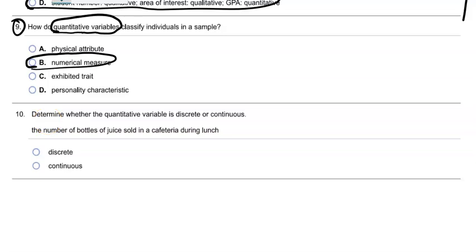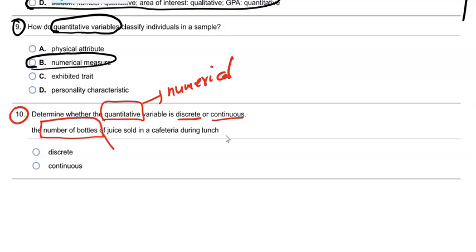Question number 10. Determine whether the quantitative variable is discrete or continuous. Remember that quantitative variables have numerical values and can be discrete or continuous. There are two types of quantitative variables. In this question, the number of bottles of juice sold in the cafeteria during lunch: number of bottles, you can count.